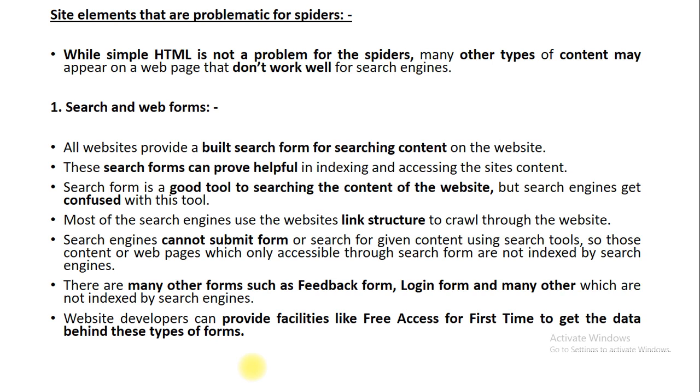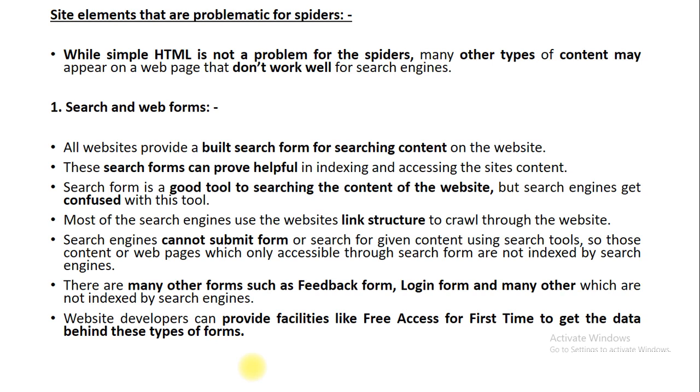So the first element which may create a problem for the spider is called search and web forms. We have discussed this point as a login form in our previous video, right?